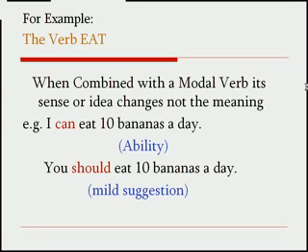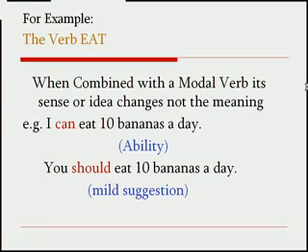You can see in sentence number 1 we've used can as a modal verb, and in the second sentence we've used should. Both of them have their own effect on a verb, right? Can expresses ability and other things as well. And when we use should with a verb, it expresses a mild suggestion.